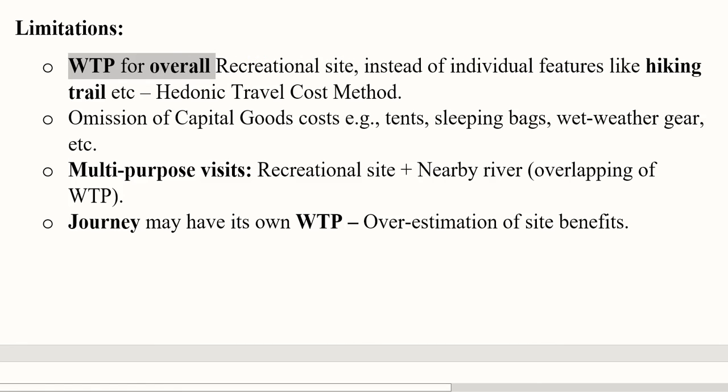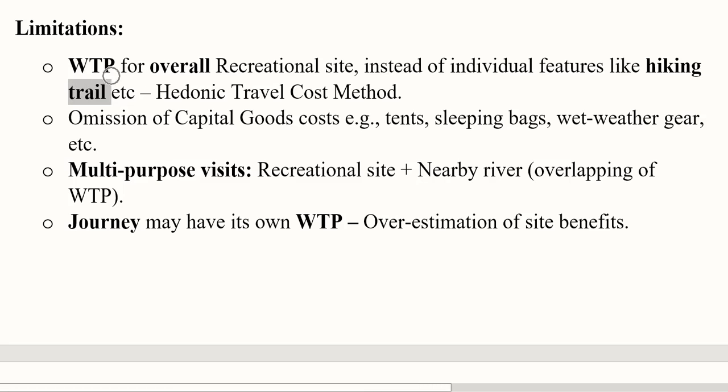WTP is basically found for the overall recreational site, but a recreational site has various features. For example, the hiking trail: how interesting it is, how lengthy it is, how exciting it is to have a hike on that trail. There can be other features of any recreational site.